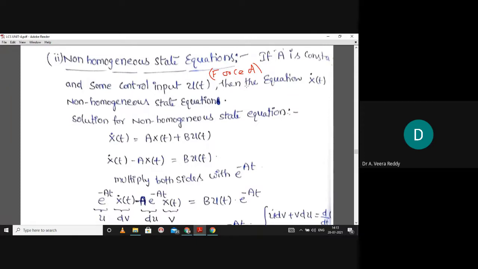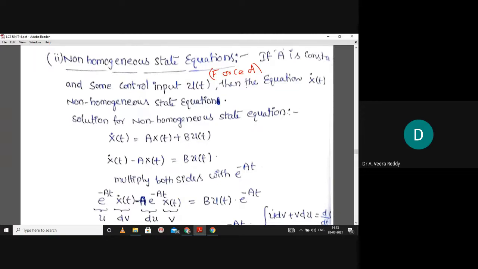Solution for the non-homogeneous state equation.